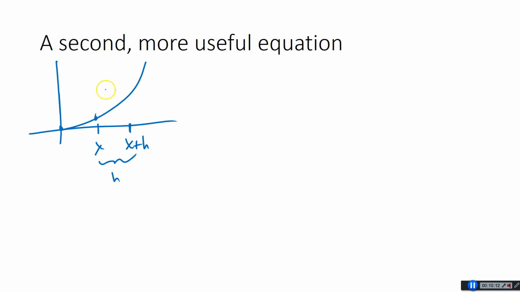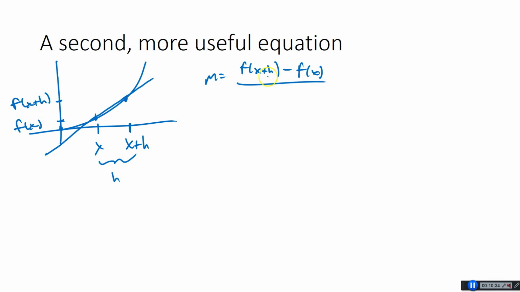Now, thinking about these two points, here we're going to have f of x, and up here we're going to have f of x plus h. If I calculate the slope of the secant line through those two points, the slope is going to be f of x plus h minus f of x, that's the change in y, the difference in the function values, divided by x plus h minus x, which is just h.